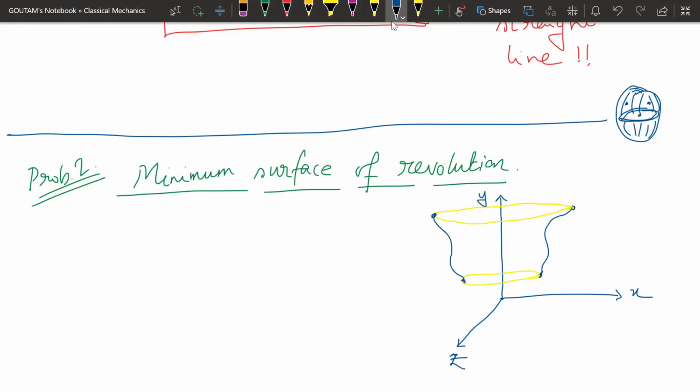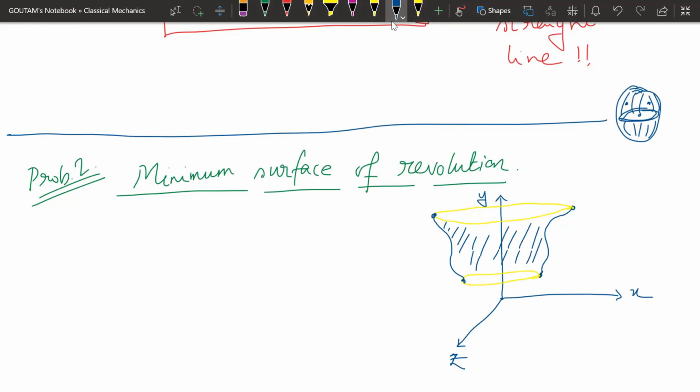So in that case, it will be a curved surface. The surface area of that surface, we want it to be minimum. That's our goal.